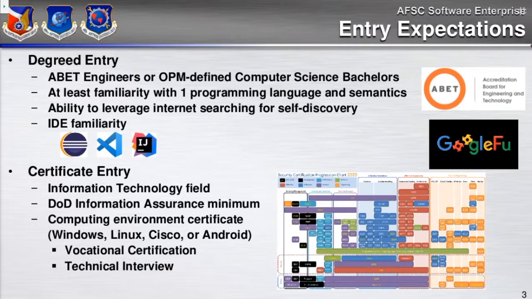But they don't teach software assurance. So when we acquire people, usually we get somebody who has either an ABET accredited degree or a computer science degree, and they probably learned one language, and they probably understand the semantics so they can adopt other languages.